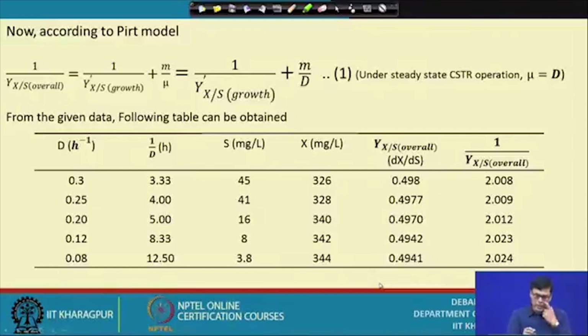Now this equation we have written in this form. This is 1 by Y, and this mu we replace by D, and then we can write this table from the data that we have.